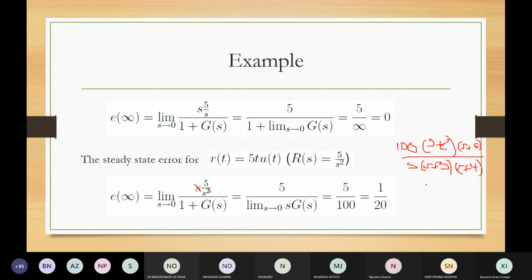Okay, good. So we'll have this one here. This will be the formula of the error.